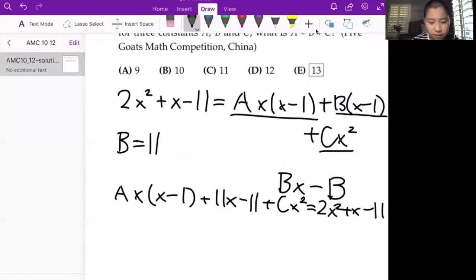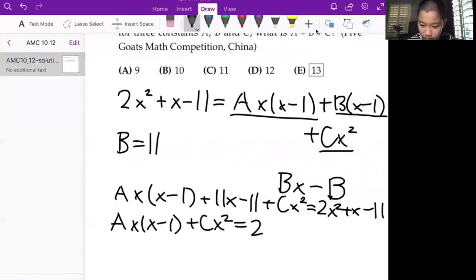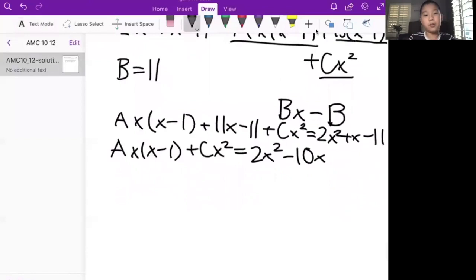So let's simplify it. We'll get ax times x minus 1 plus cx squared equals 2x squared minus 10x. So now, once you look at this a bit more, you'll see that a has the x term, x times negative 1, but c doesn't.